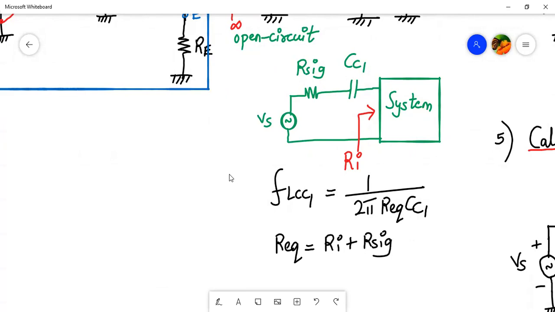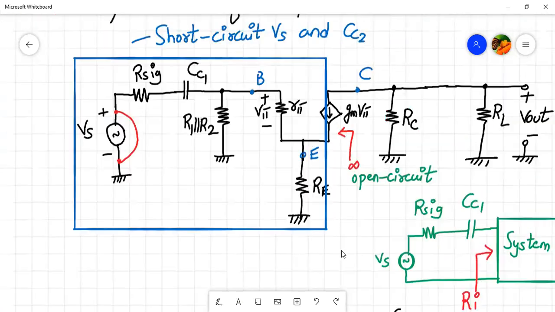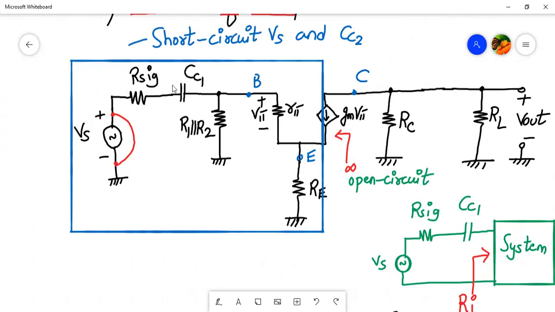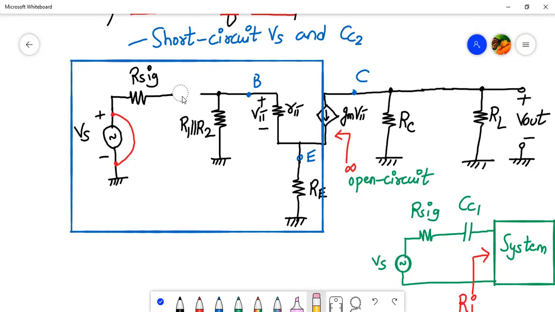So we have to calculate Ri now. Now Ri is what? I think this part of the circuit, right? Inside that we have to look into this circuit. So let me redraw it like this. Here I have a capacitor CC1.